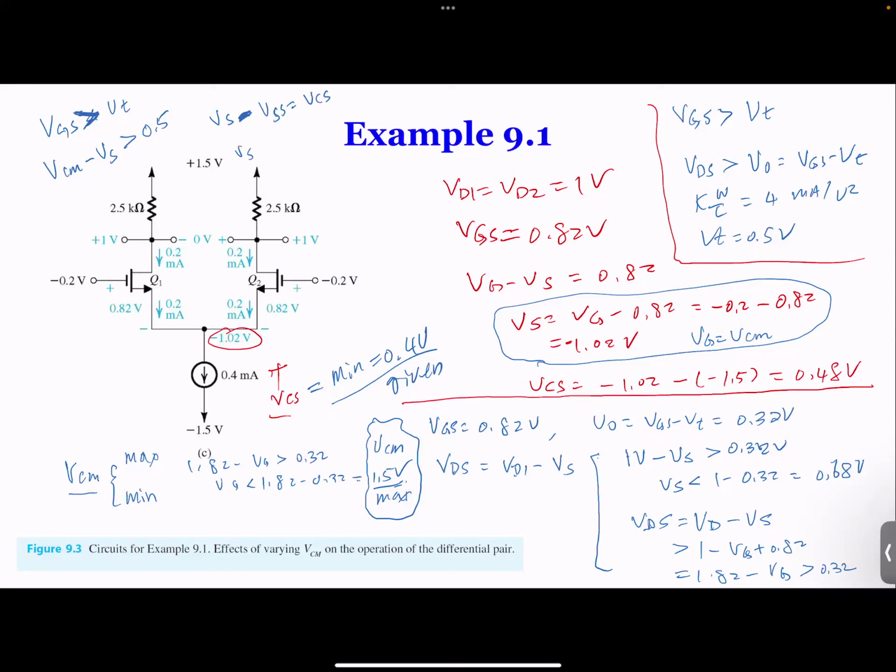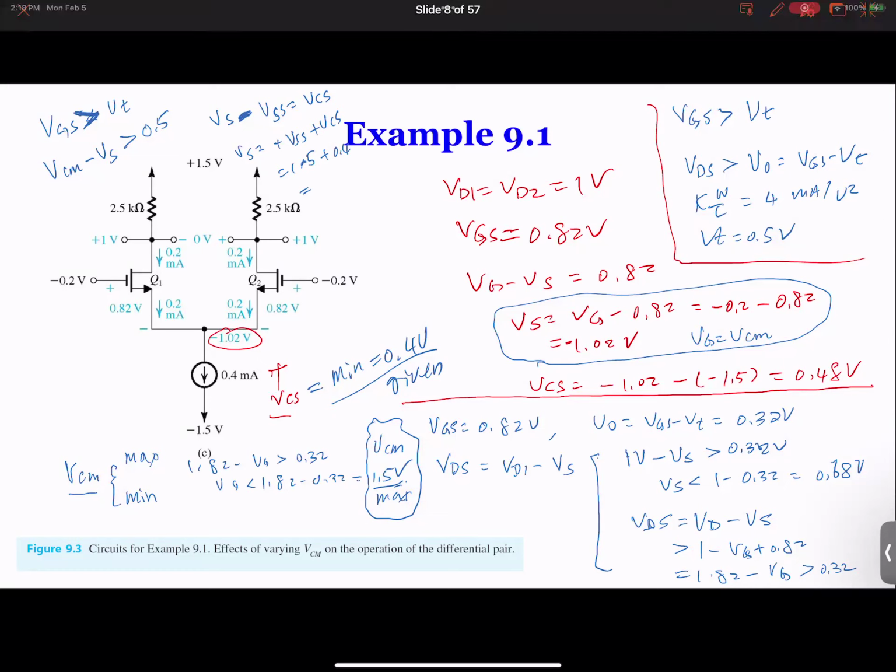So Vs equal to VSS plus VCS. In this case, VSS is minus 1.5 plus VCS minimum 0.4. So we got minus 1.1. Let me rewrite this. So this should be minus 1.1 volt.